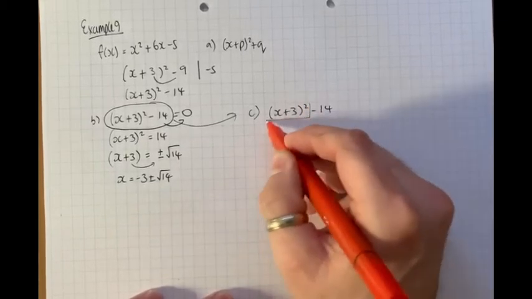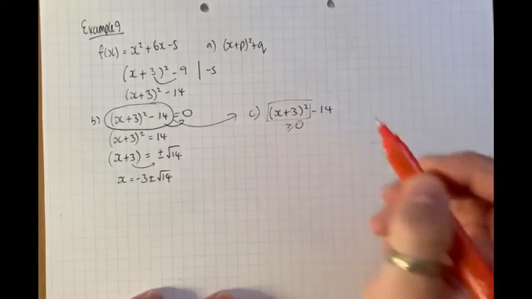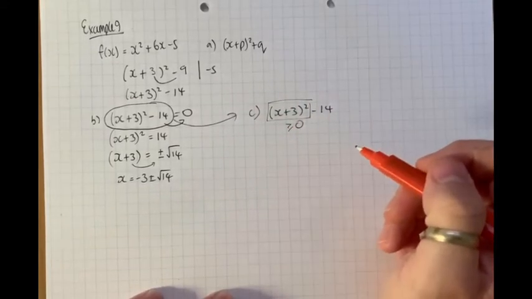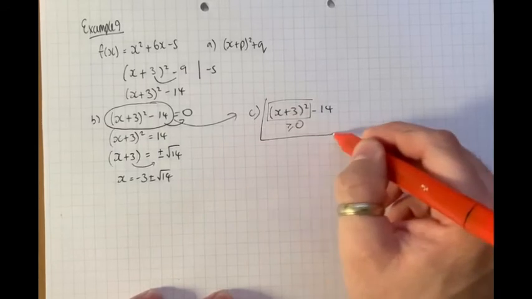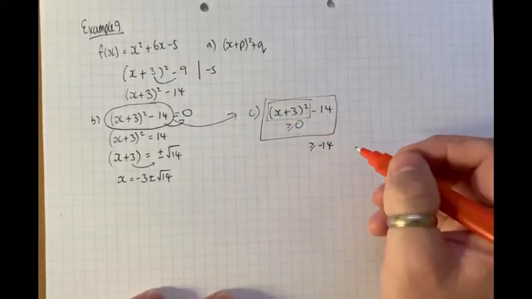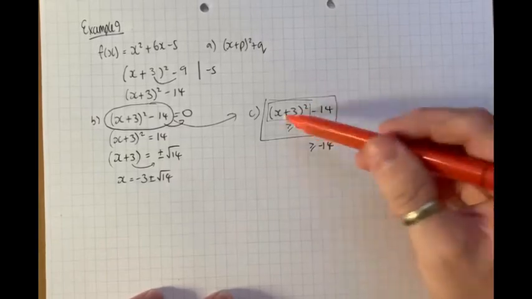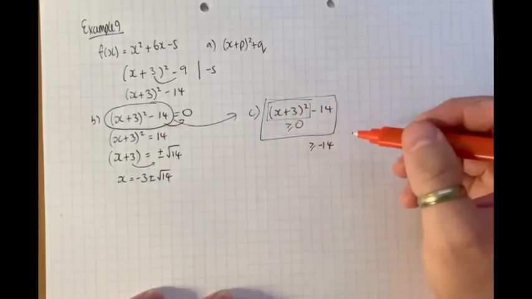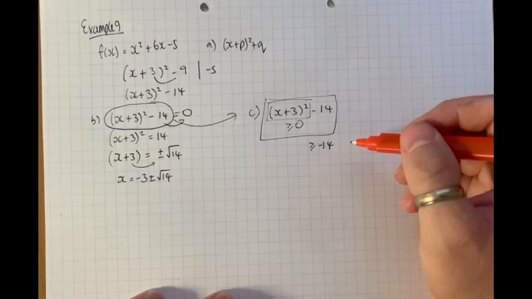So this part has to be bigger than or equal to 0. So the whole function has to be bigger than or equal to minus 14. So the smallest output value this function can ever take is minus 14, and that's the minimum value.